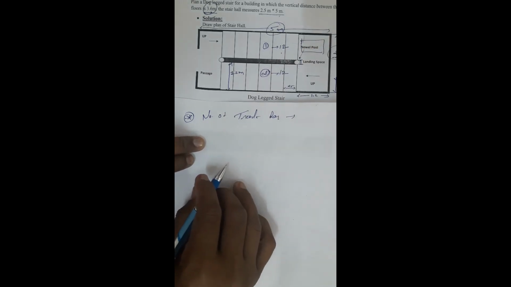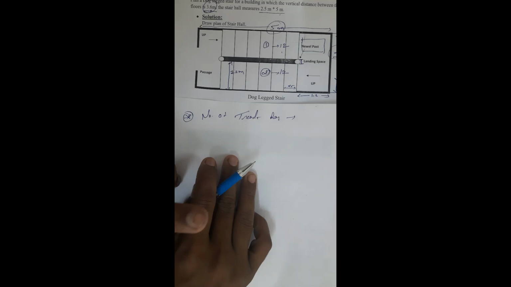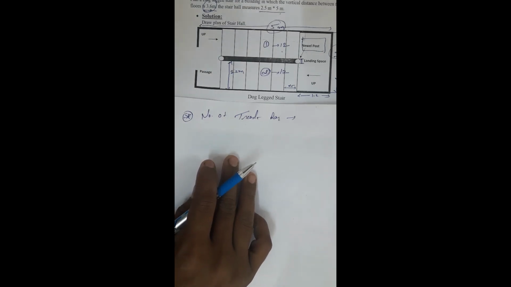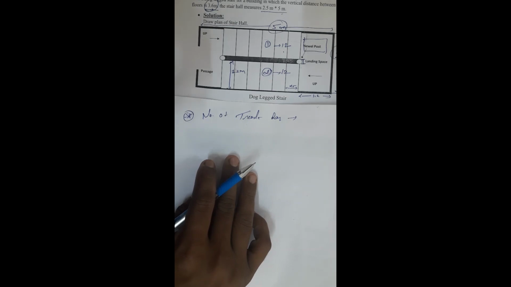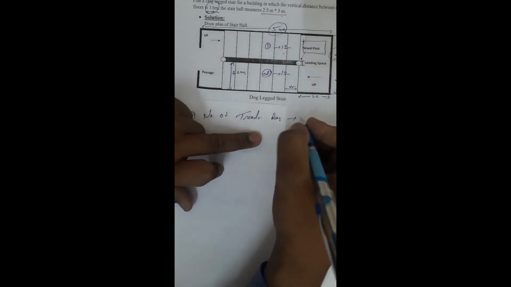Always remember that the number of risers is equal to 1 plus the number of treads, which means the number of treads is always less than the number of risers. So the number of steps minus 1, because the last step is always a landing space, so no tread is provided.